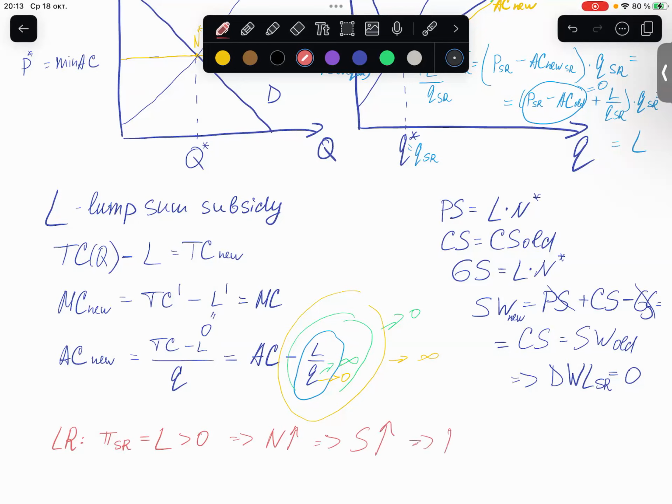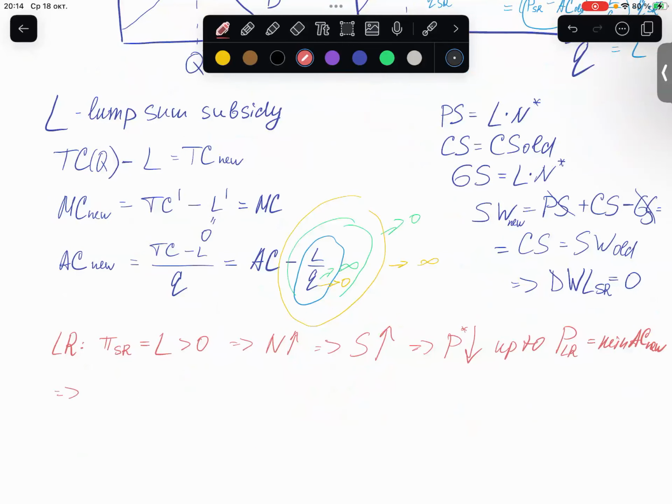That's why the optimal price decreases up to new minimum. Price in the long run will be equal to minimum of average costs new. And profit of each firm will decrease up to 0, as before.